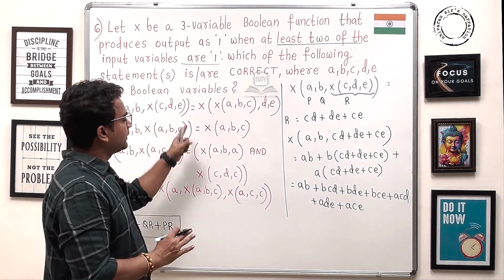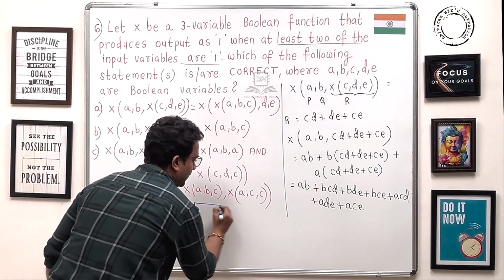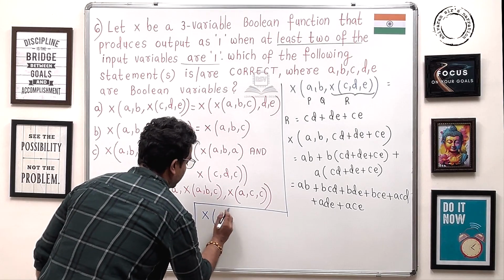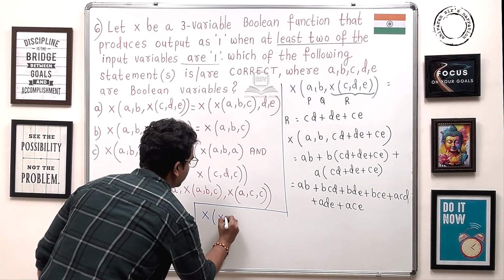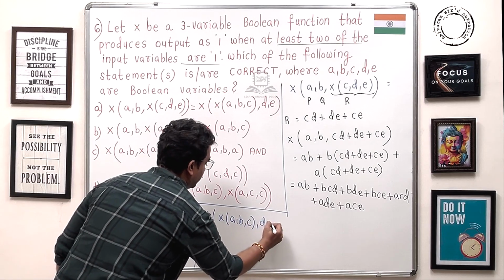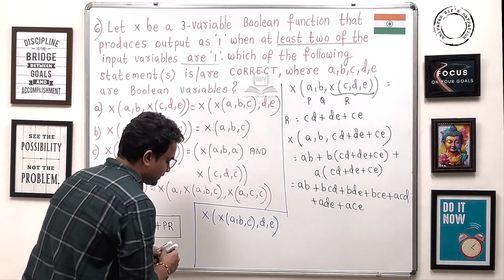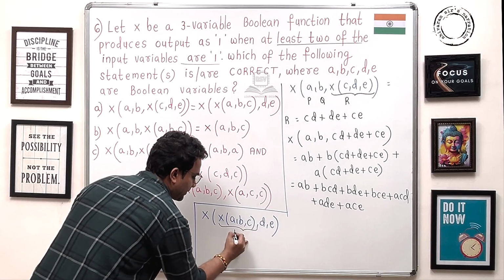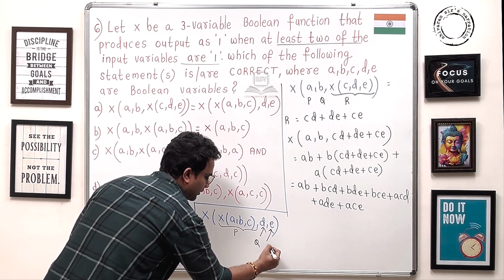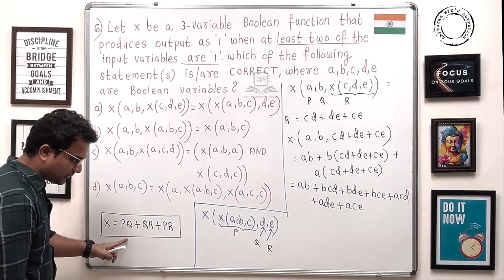We want to take the RHS part, that is X of A comma B comma C comma D comma E. Now, if you compare, this is P, this is Q, this is R. Now what is P as per this reference?